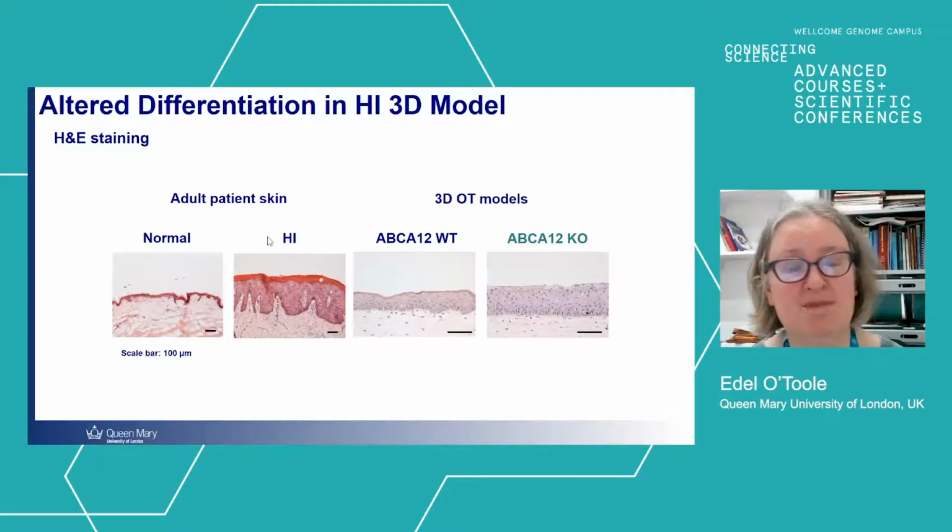In adult patient skin, which I showed you in the first picture, you can see that we've got the same thickened epidermis. We don't have the same thickened stratum corneum, but I think this area here sort of represents the abnormal stratum corneum.